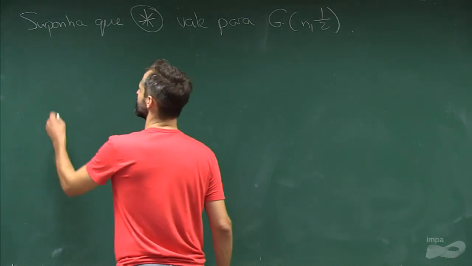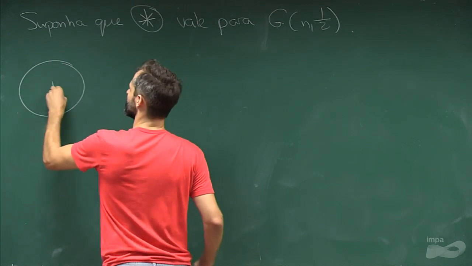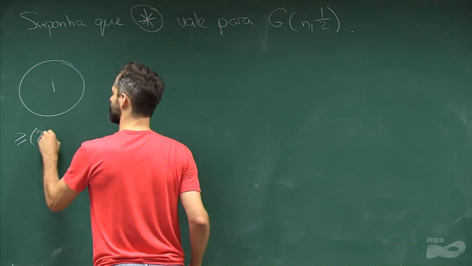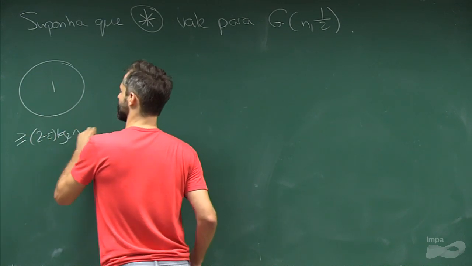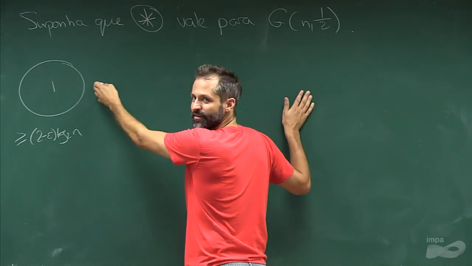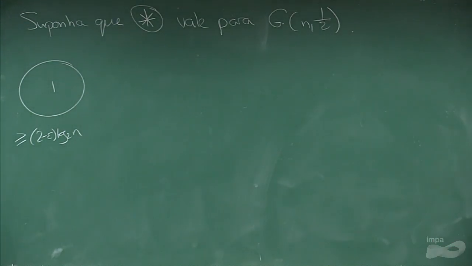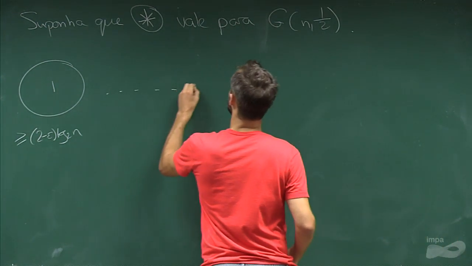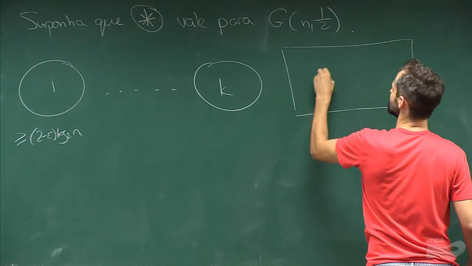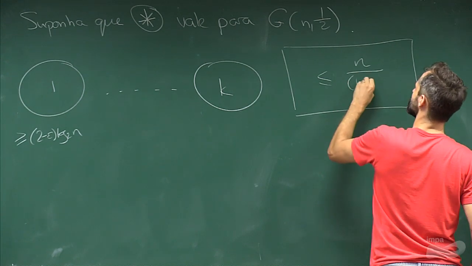I claim we can just pick color 1 to be any set of size at least 2 minus epsilon log to the base 2 of n. Then what's left is a set S that's bigger than this, so we can pick another one. Let's continue until what's left has size at most n over log n squared.